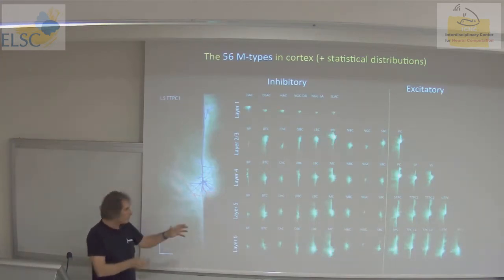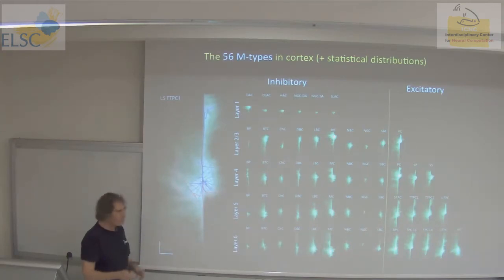It's not published yet, but they were characterized systematically, using classification methods, in the neocortex of the rat in this case. If you look, for example, at layer 1, you see that layer 1 consists of only inhibitory neurons. There are no excitatory neurons in layer 1. And you can see it in layer 2, layer 4, layer 5, and so forth, all these types.